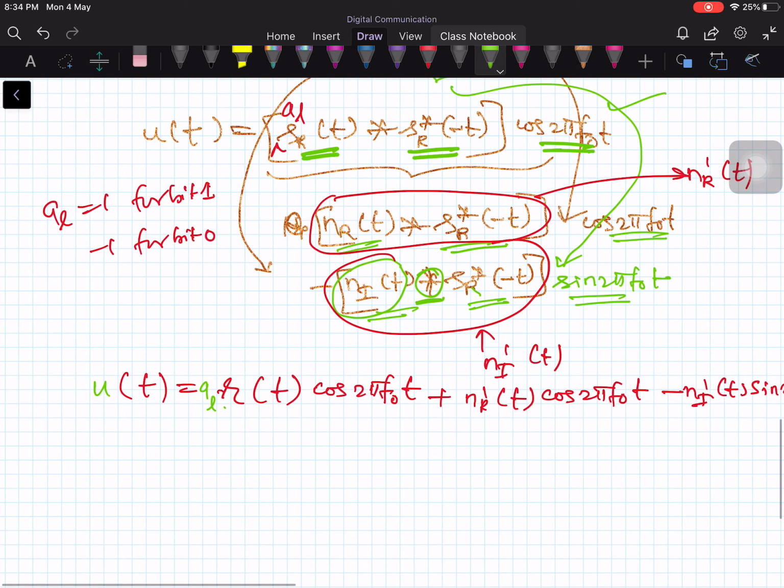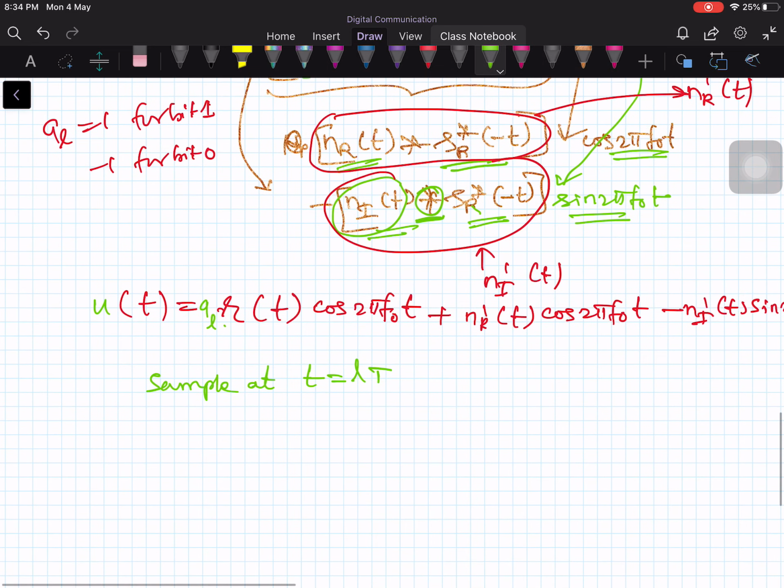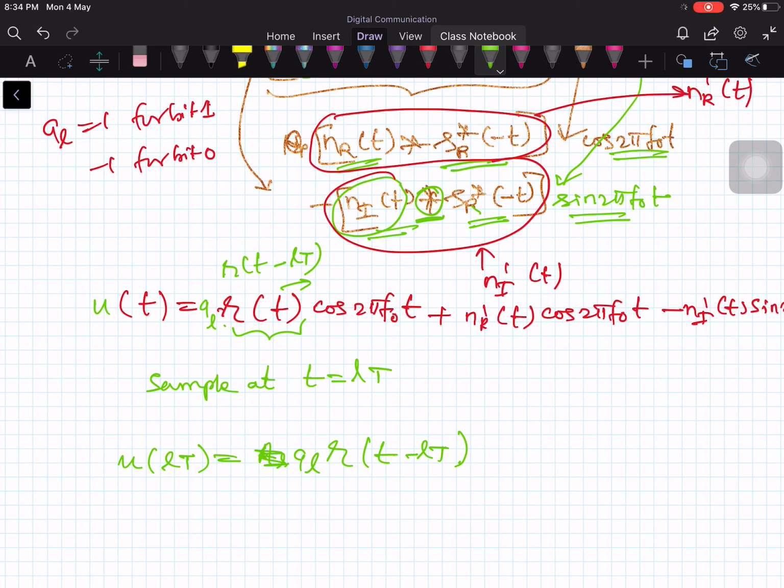Now you sample at t equal to capital LT. So if you do the sampling, u of LT is equal to A sub L times R of t minus LT, because you are transmitting multiple pulses.